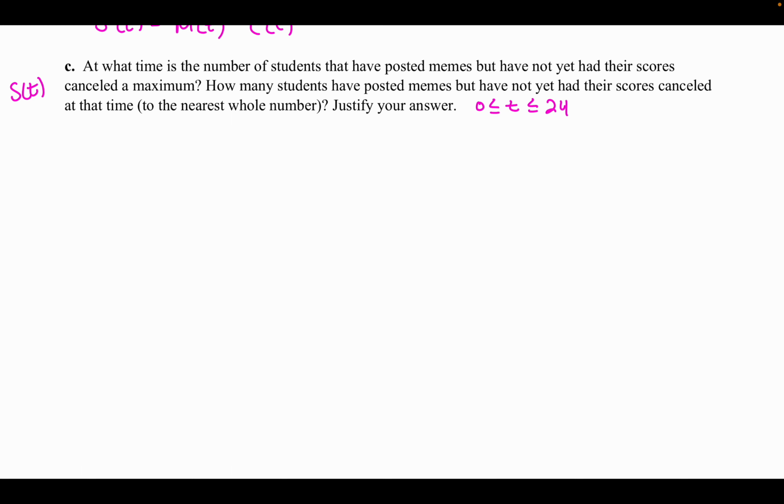So we will use the candidates test. So we will test our endpoints, and then we're also going to test any time where s prime of t equals 0. So those are our critical points. S prime of t, we already said, was m of t minus c of t. So we got to figure out, where is m of t minus c of t equal to 0? Actually, I need to be a little more specific.